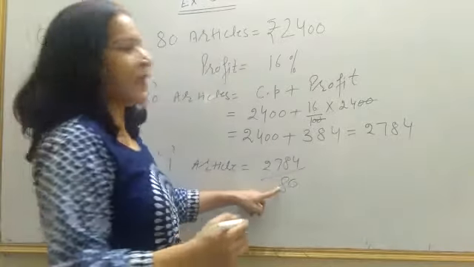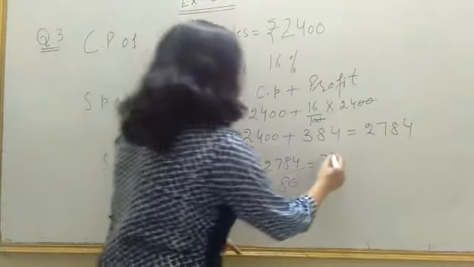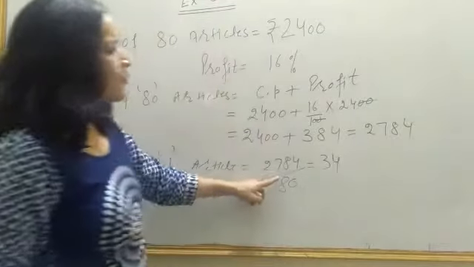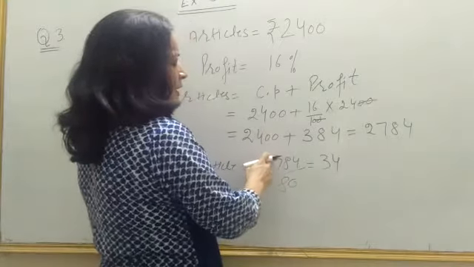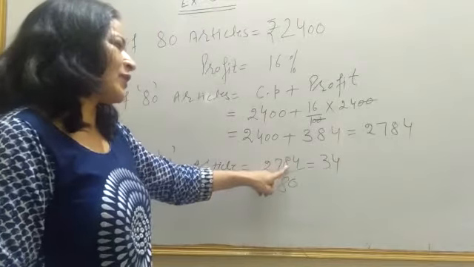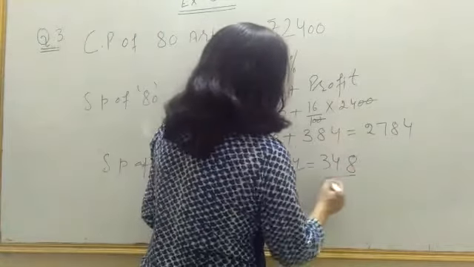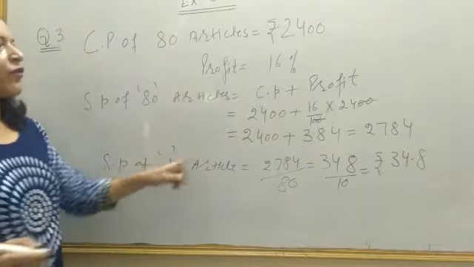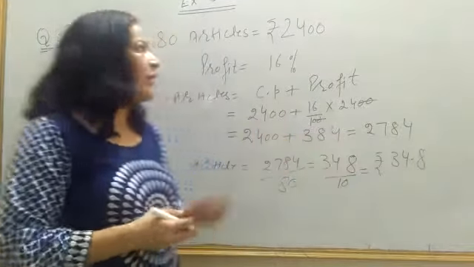So divide it by 8: 8 threes are 24, then 8 fours are 32, and so on, and this 0 is divided by 10, so it will be rupees 34.8. Selling price of one article will be 34.8.